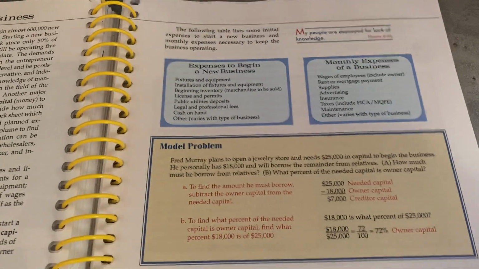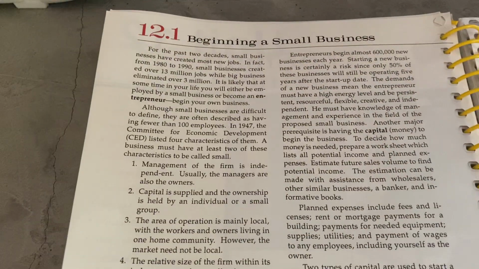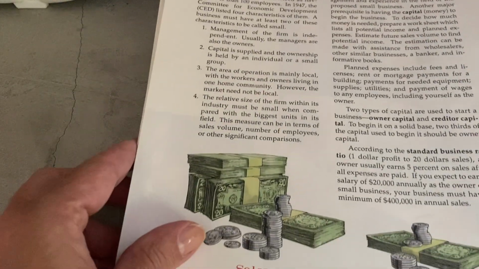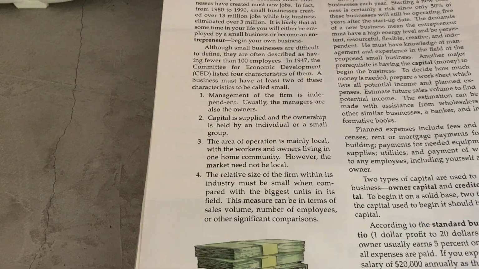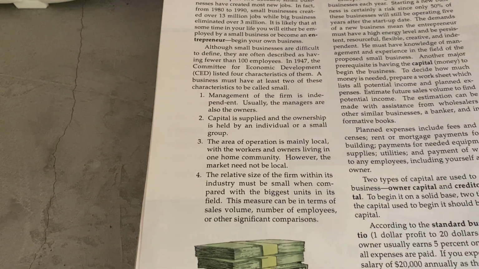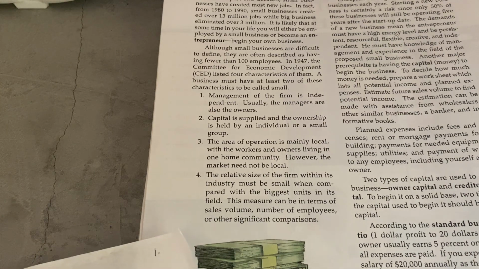So let's start here. We're going to start in section 12.1 that talks about the small business. I'm going to focus right here. As you can see in your book, it talks about what a small business is. And it talks, first of all, about what an entrepreneur is, and we went over that. An entrepreneur is someone who wants to begin their own business.